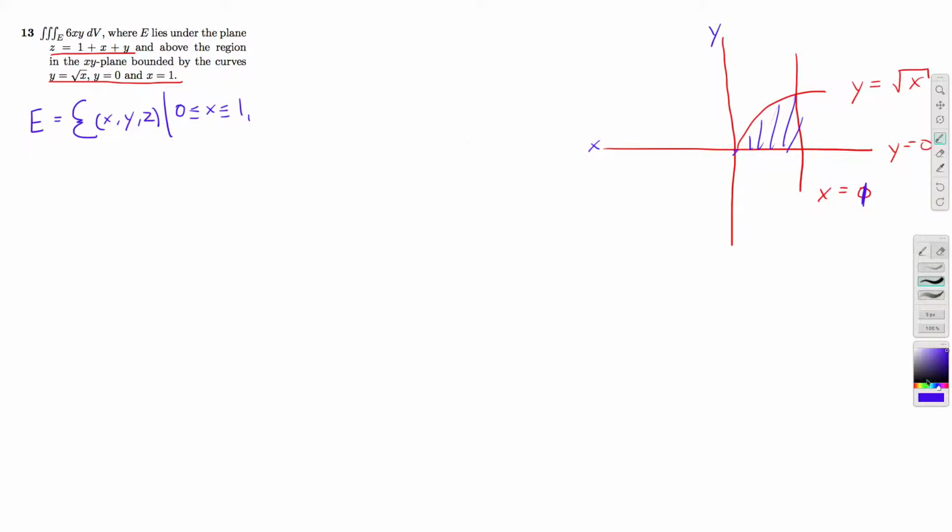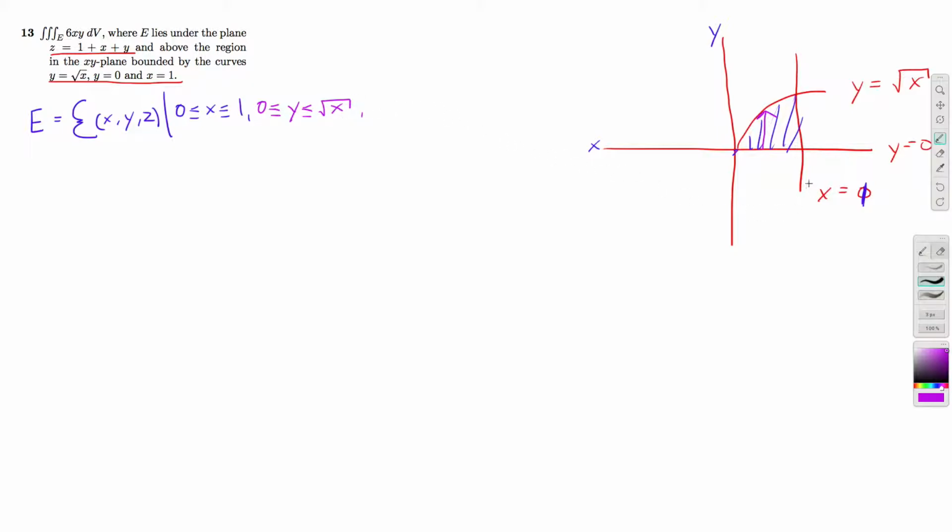Y exists between y equals 0 and is bounded by y equals the square root of x, so 0 less than or equal to y less than or equal to the square root of x.